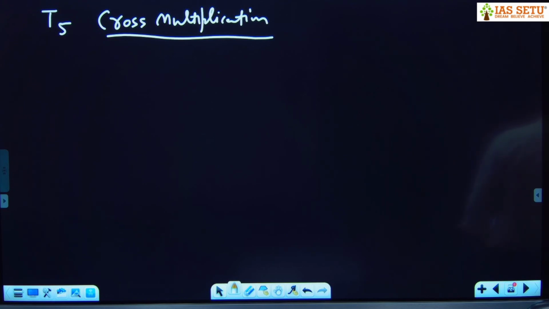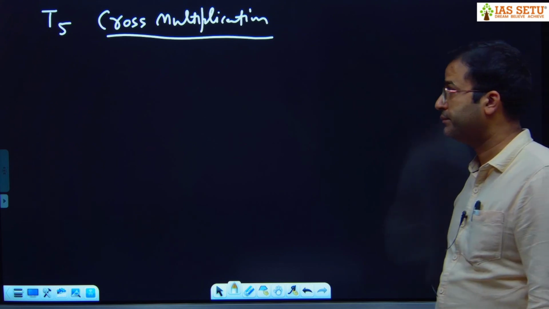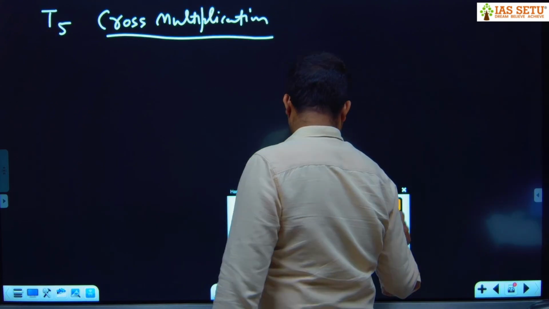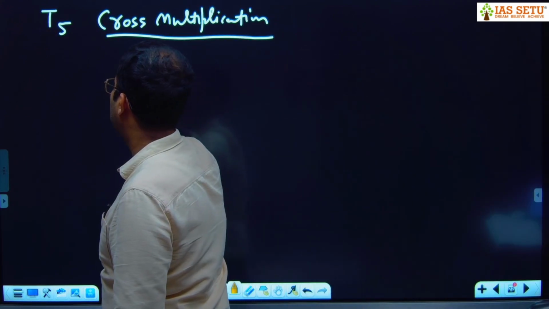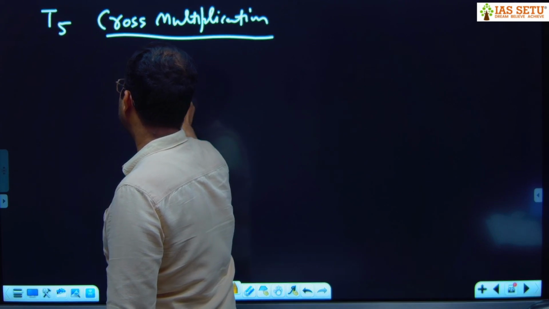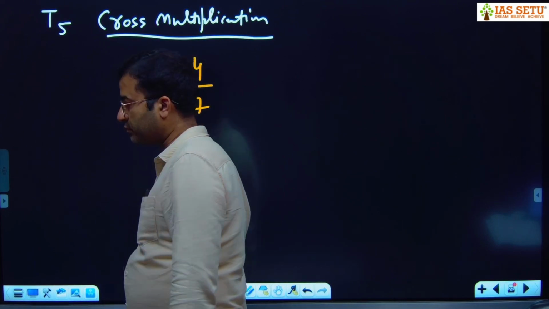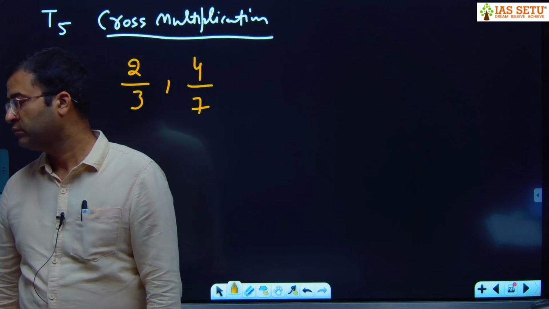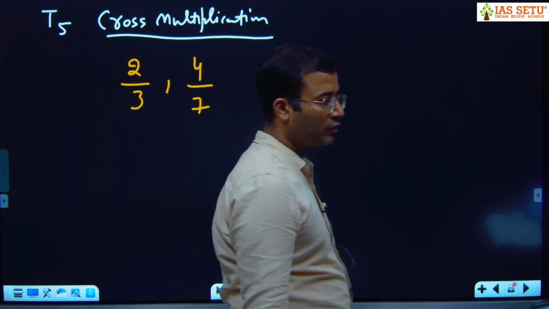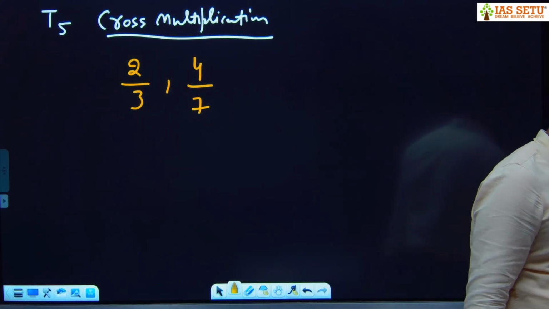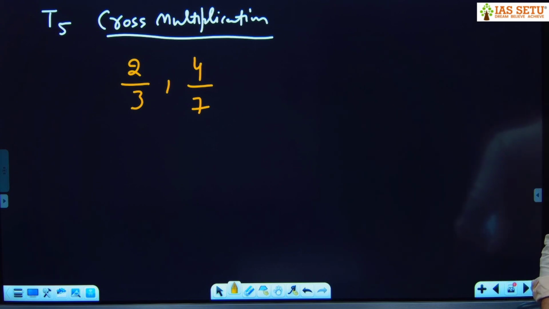That means type 1, type 2, type 3, type 4 don't apply. Like here 2/3, 4/7. Neither numerator constant nor denominator constant, difference is also not constant.